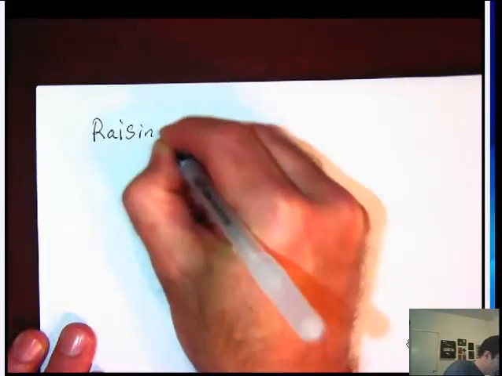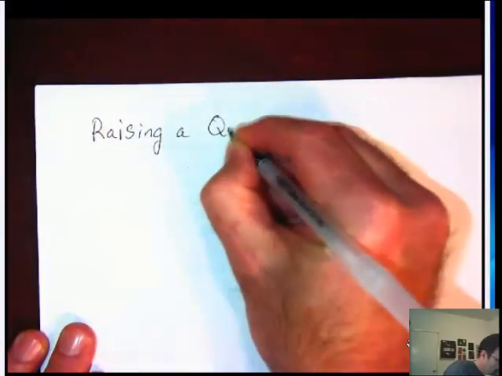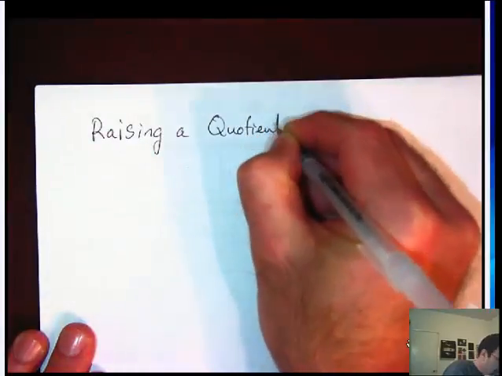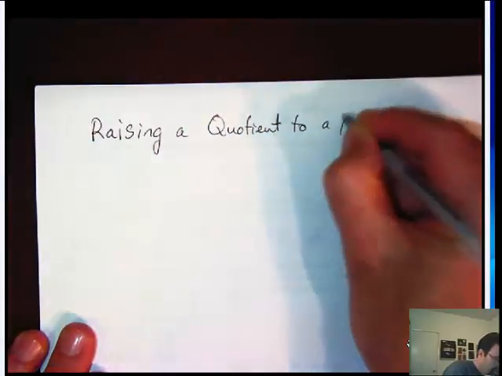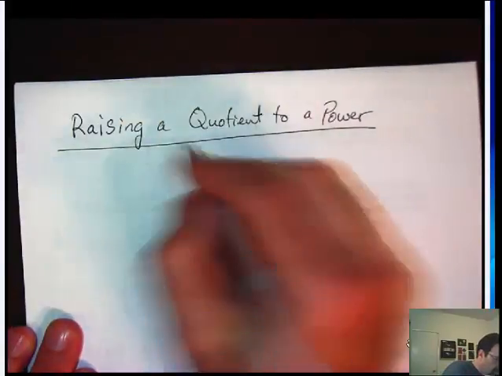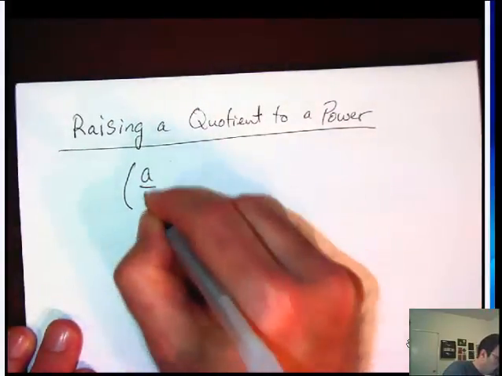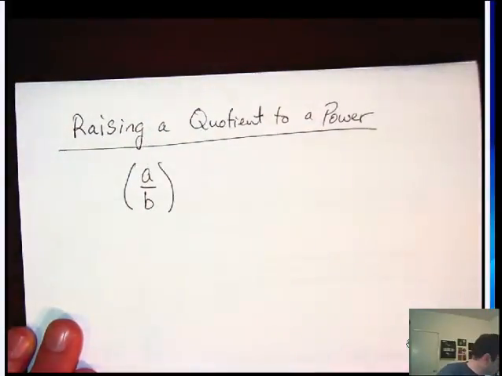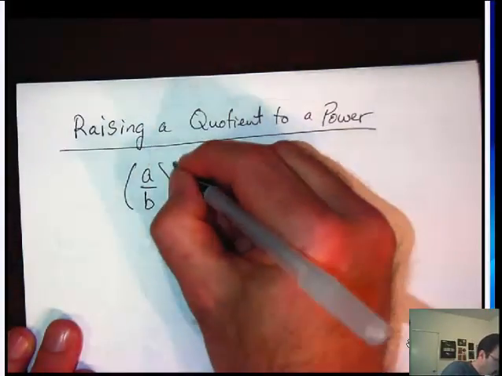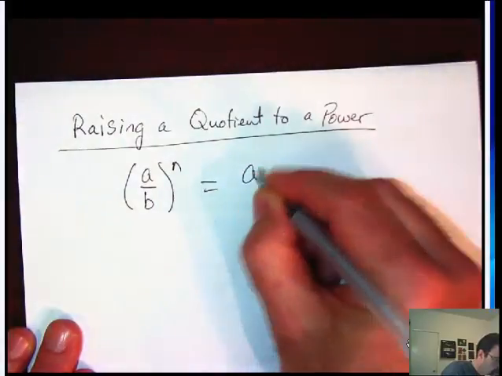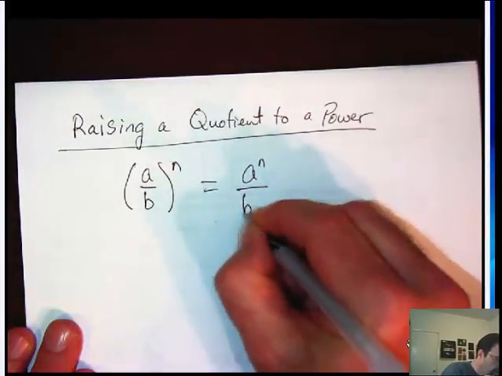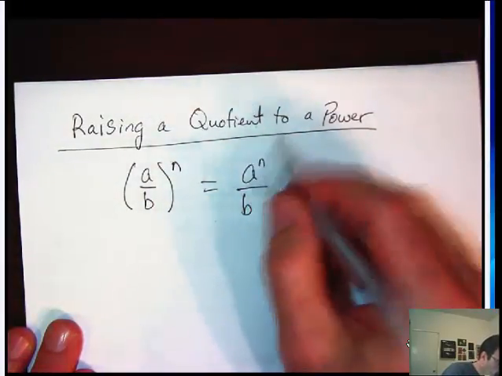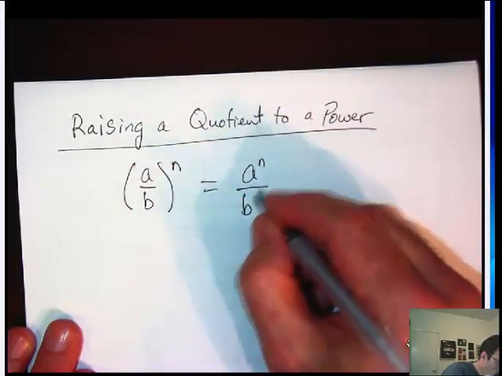So, raising a quotient to a power. A quotient is the result of dividing two numbers. If we raise that to a power, we're going to raise each number in the quotient to that power.